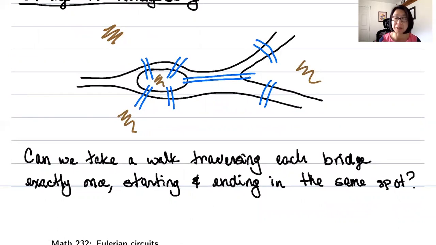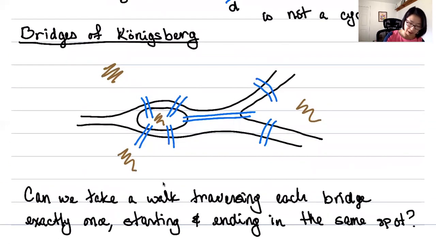And let's see how we can turn this into a graph theory question. I'm going to make a graph in pink. I'm going to reduce each landmass to a single dot, so I'm going to put a dot on each part of land: a dot on this piece of land, a dot here, and a dot here. So I really only have 4 pieces of land and 7 bridges. And now I'm going to connect them.